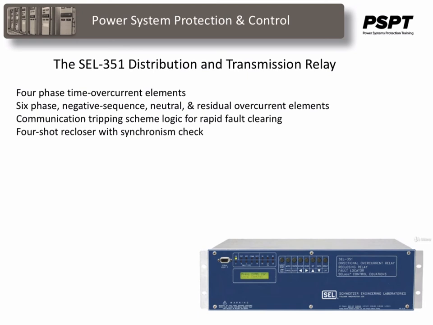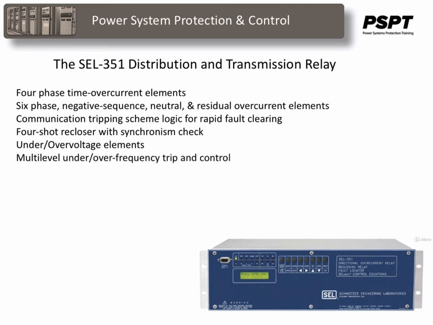It has a programmable 4-shot recloser with synchronism for synchrocheck reclosing. It has phase and sequence under and over voltage elements for increased control scheme flexibility. It has 6 steps of accurate frequency elements for multi-level under and over frequency trip control.